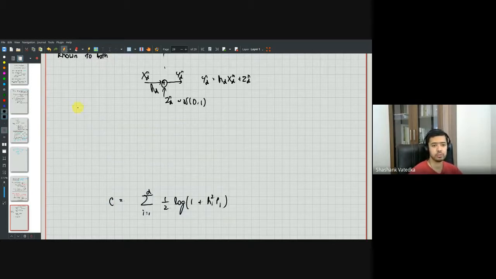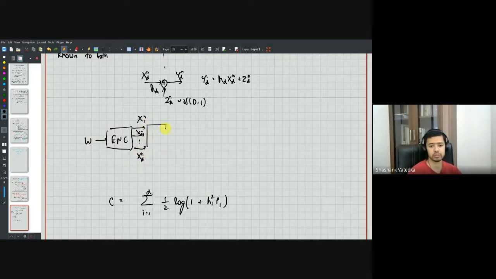So you have a message W, you have an encoder. The encoder now outputs D code words. The code book used for each of these subchannels could be different. So this is x1n, x2n, up to xdn.